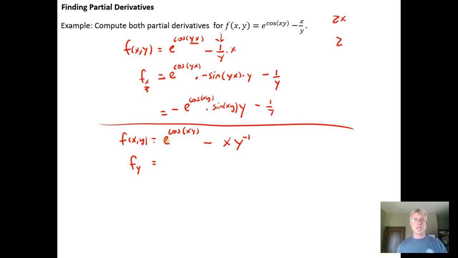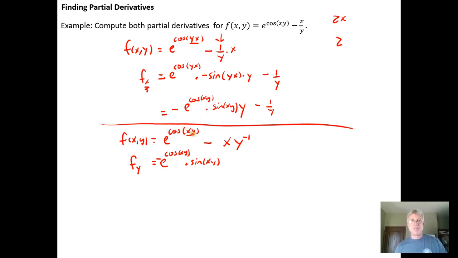The derivative of e to the crap is just e to the crap. But I have function composition, so I need to use the chain rule. Now I need to multiply by the derivative of the cosine, which is going to be minus the sine of x times y. But I have stuff inside of the cosine, so I have the triple function composition here.